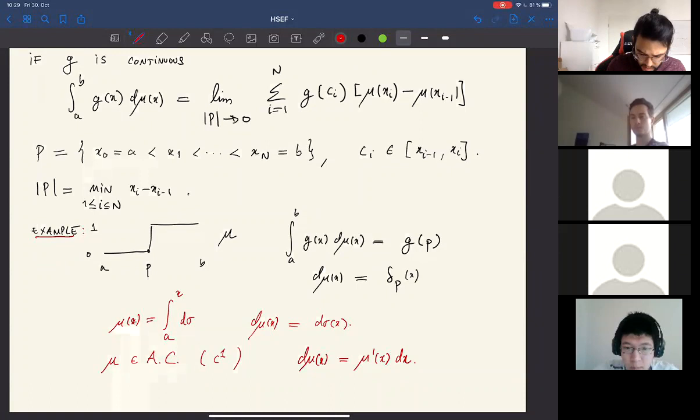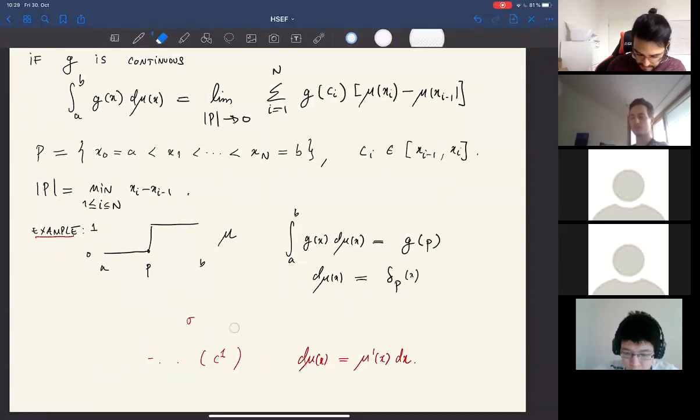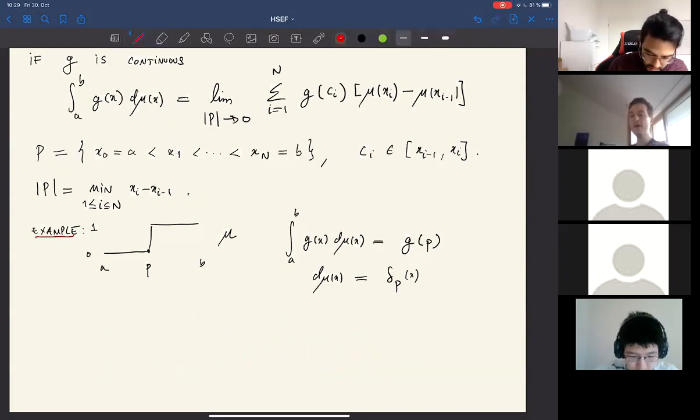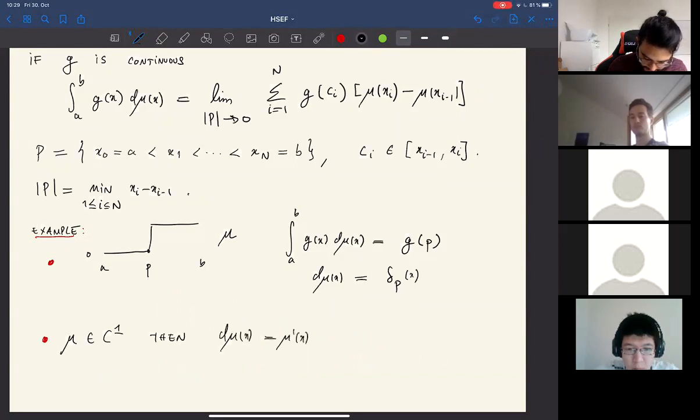Okay, so let me just erase this part here. This is one, and the other will be, let's just say this is mu C1. Okay, so basically that's what we need.